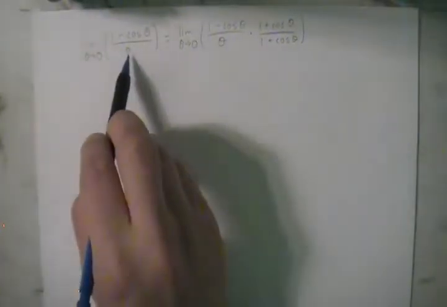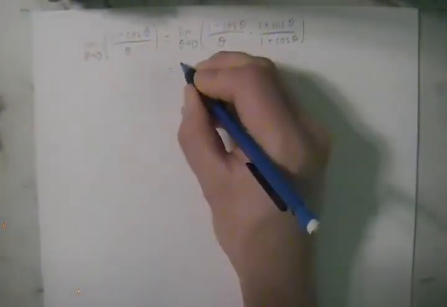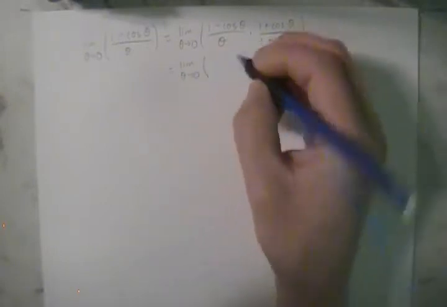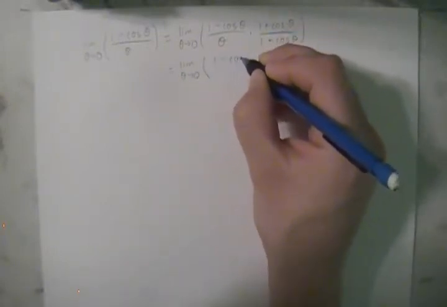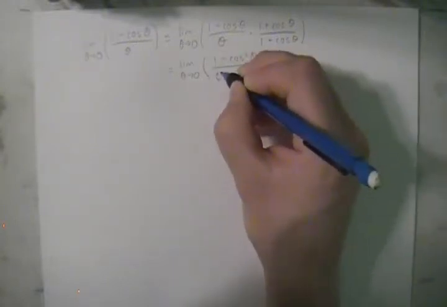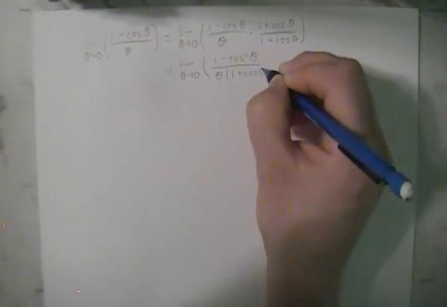So it's not continuous over the limit, the number we're evaluating the limit at. All right, so here we're going to have the limit as theta approaches 0 of 1 minus cosine squared theta, and theta times 1 plus cosine theta.